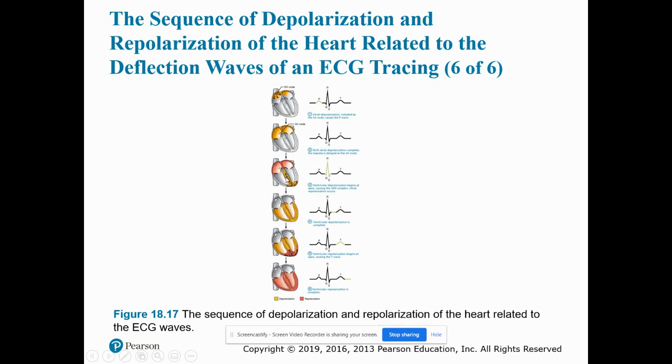Next, it's going down, and we're having ventricular depolarization, and that's what we're seeing here, the QRS. Then ventricular depolarization is complete, so we're here. And then finally, we have ventricular repolarization, which is going to be reflected by this T wave. And then ventricular repolarization is complete.